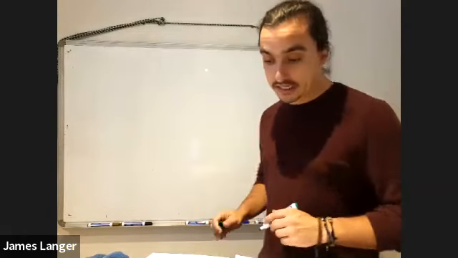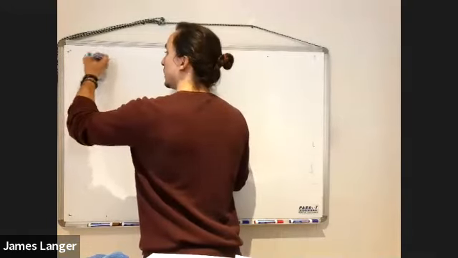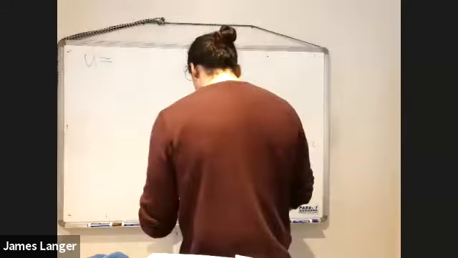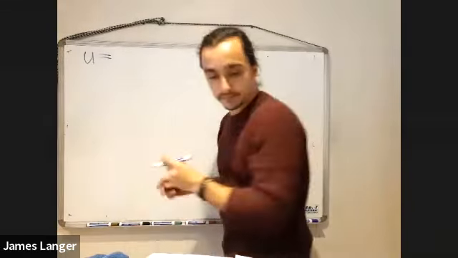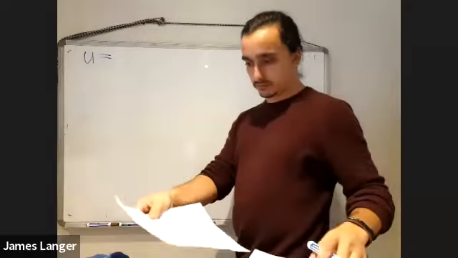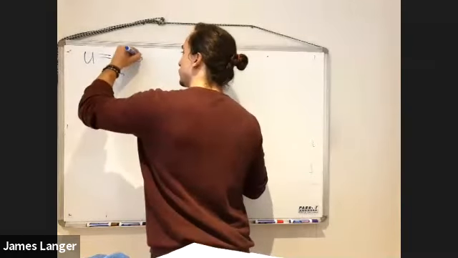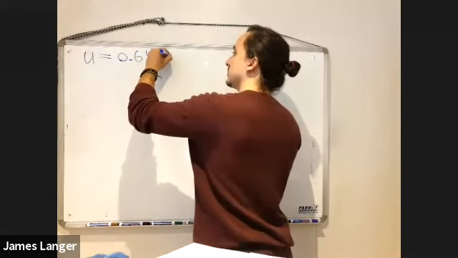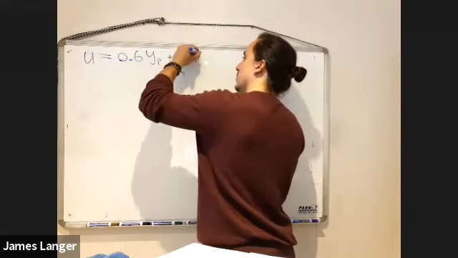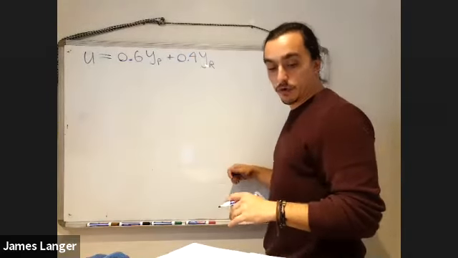But basically, what we did was we said that U is equal to 0. So first we simplified to get this. And then what we did is we take a derivative.